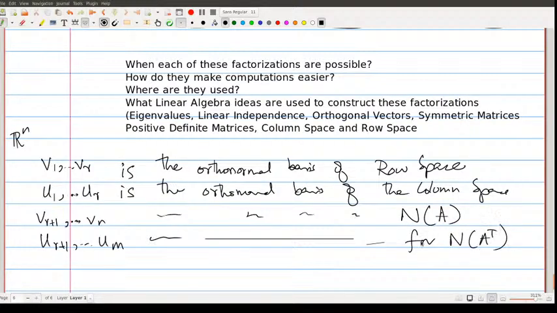So we started off with these four fundamental subspaces, and the best thing that we can do is find an orthonormal basis for each of them: for the row space, null space, column space. And so this is perhaps the nicest sort of factorization that you can do.